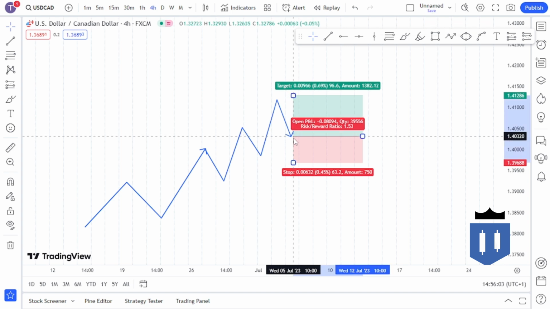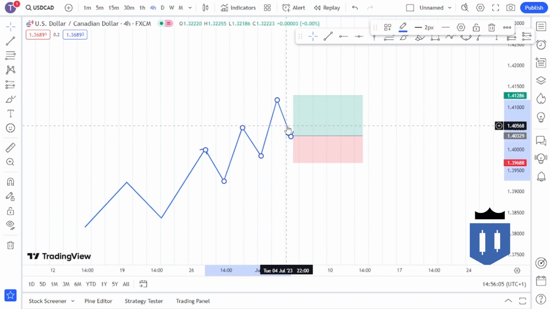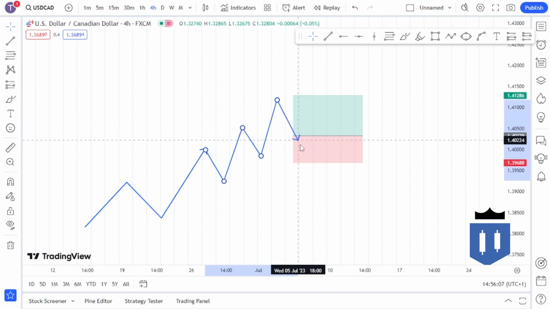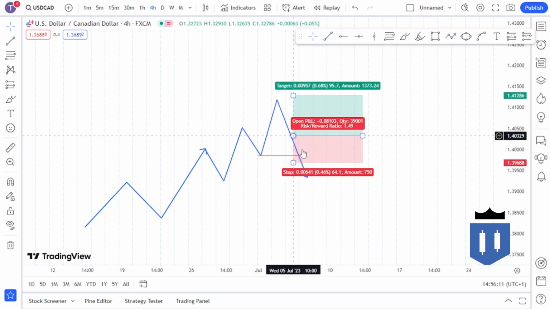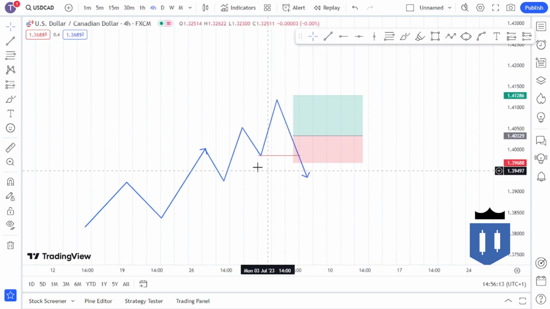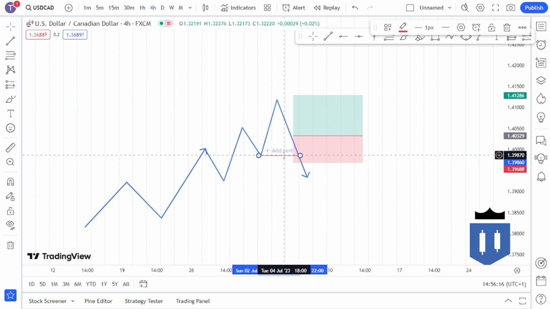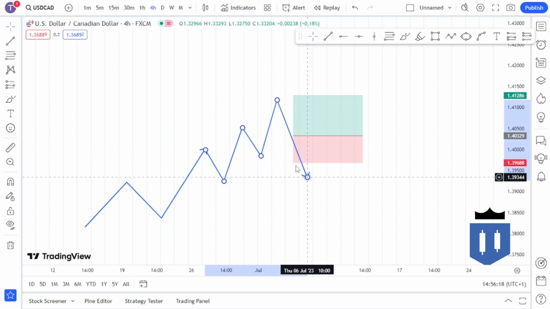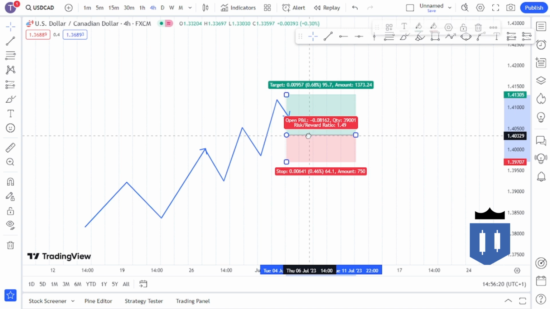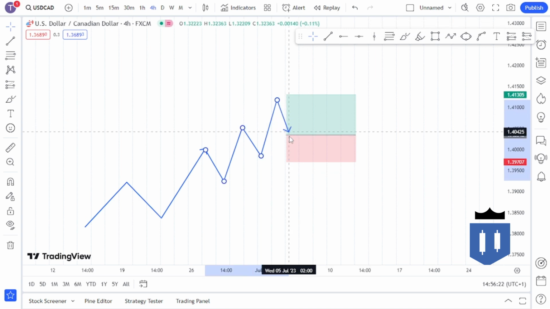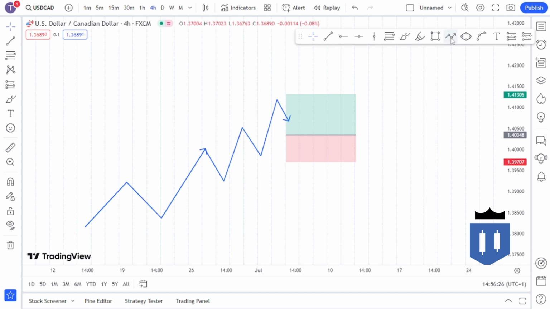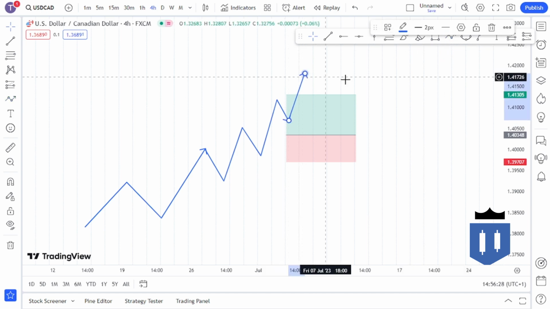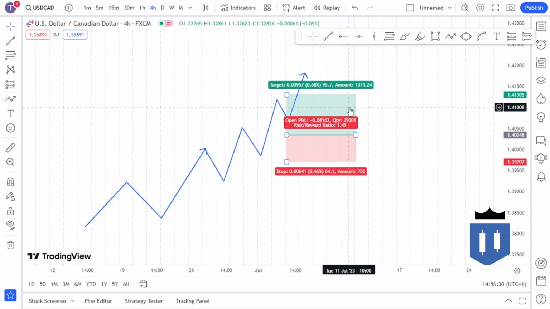Because you don't even know if price will want to change character, and then that would be a loss for you because price will hit your stop loss. So there are other confirmations that will make you know whether it's okay to buy. Sometimes you might say, okay, I'm waiting for price to retrace to here before I buy, then you wait for it here, and then price just retraces a bit and goes higher. You don't know why, and you miss the trade.